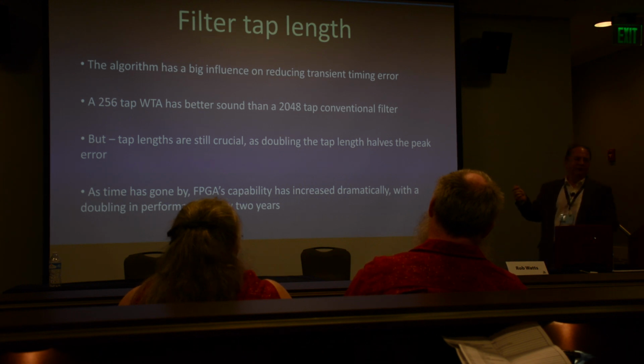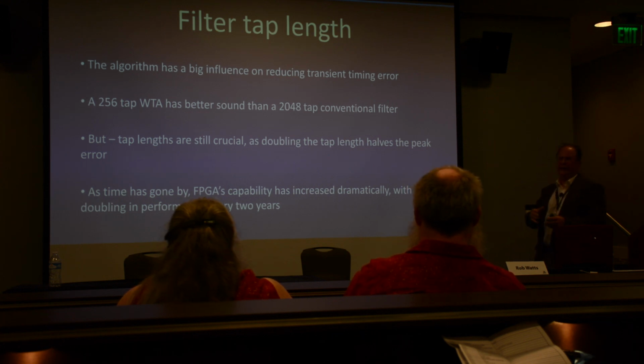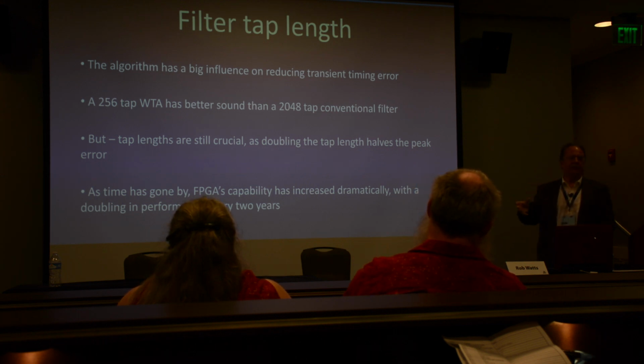But that didn't mean that we could throw away tap lengths, because when I went from 256 taps with a WTA to 1,000 taps with a WTA, it still sounded a lot better. So the tap lengths are crucial in terms of reconstruction of the transients.